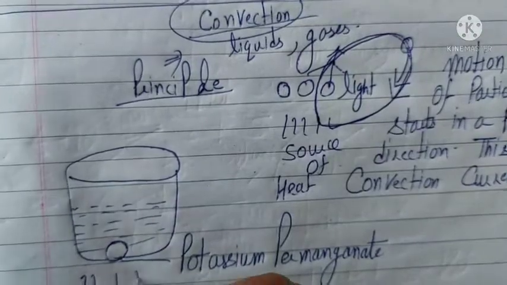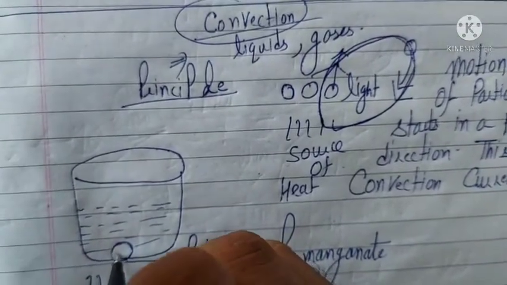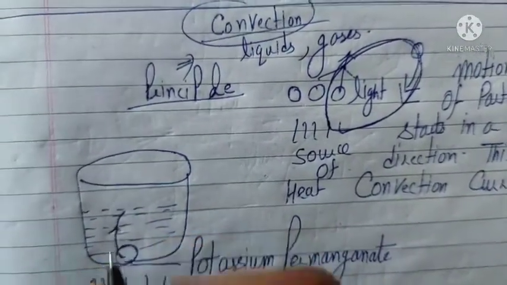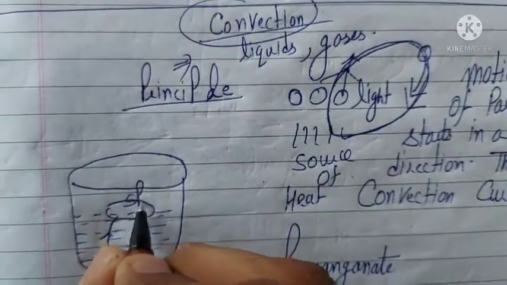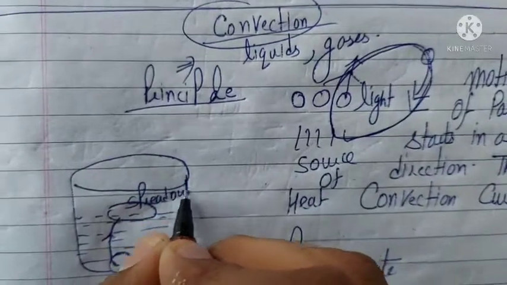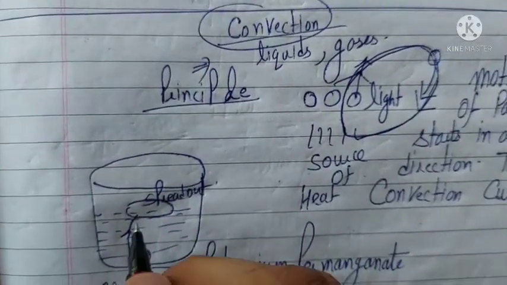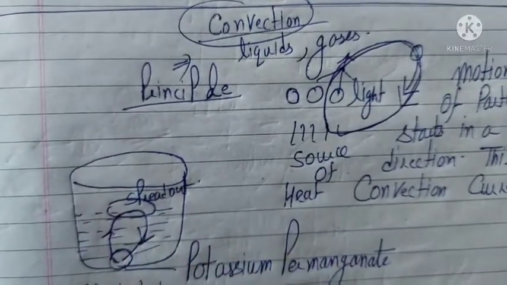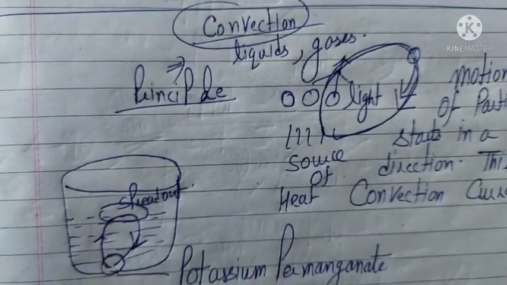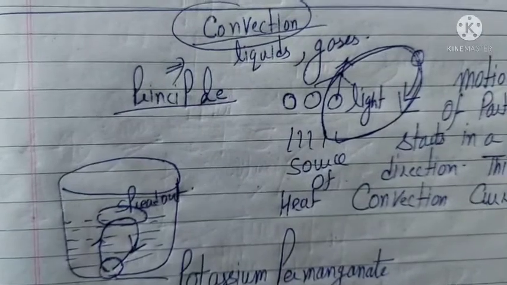Now heat the beaker. You will see the color will start rising upward, then it will spread out and again start moving downward after some time. Like this you will observe the convection currents, the movement of particles, first going upward then coming downward.